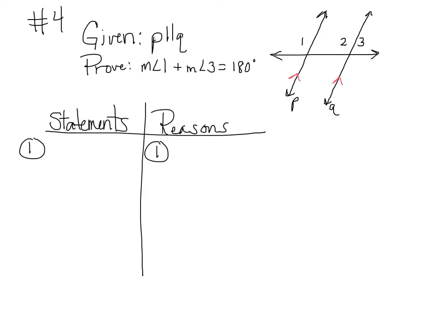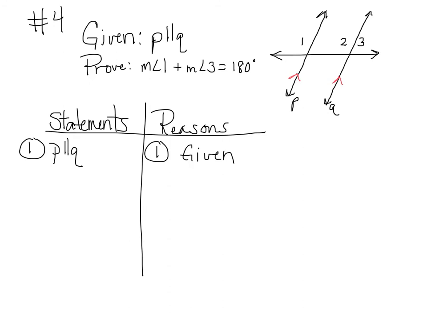Well, we know that P and Q are parallel because that is our given. So remember, think of what our plan would be. We obviously are talking about angle 1 and angle 3 being supplementary. So that has to come into play somewhere in here. Or the idea that we have a linear pair of angles.